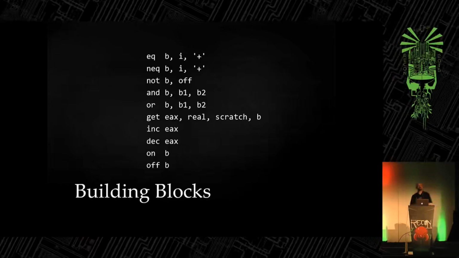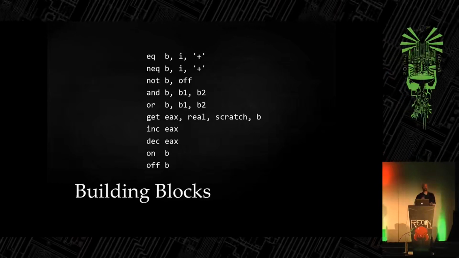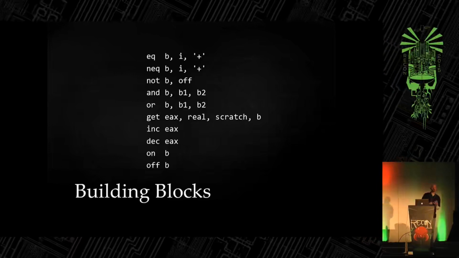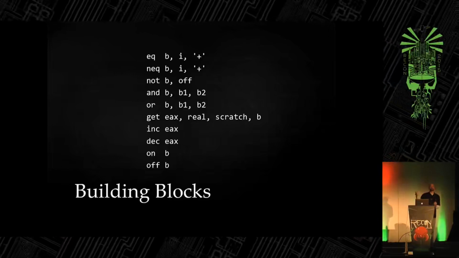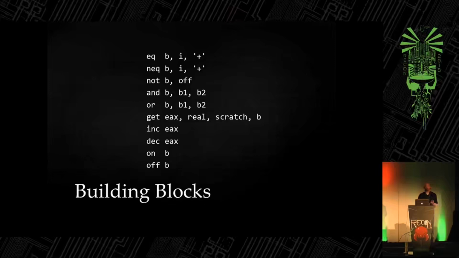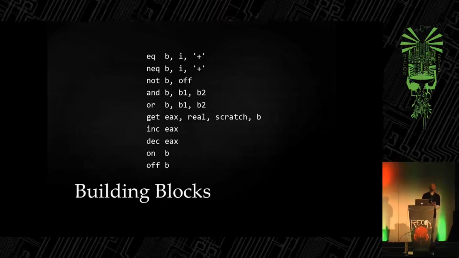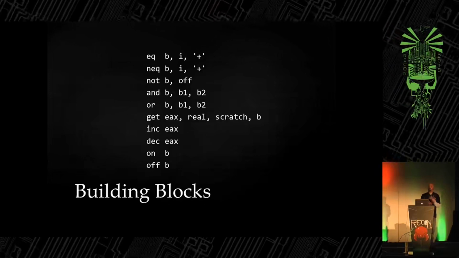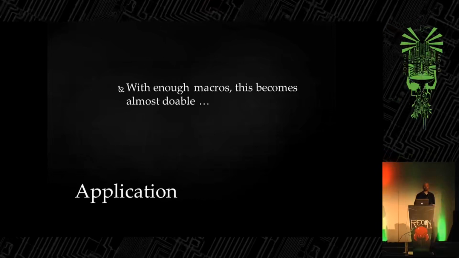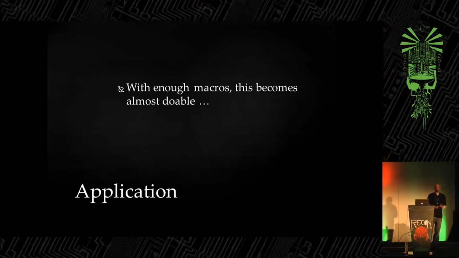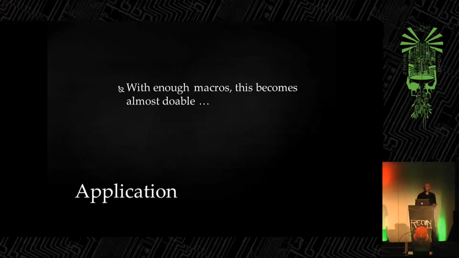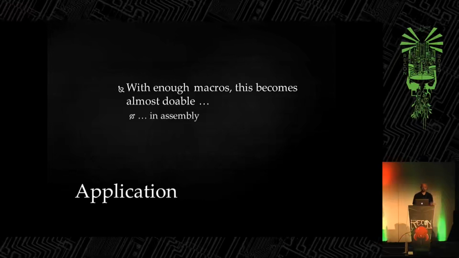So we've actually got some high-level logic going on here. We've got macros for equality, inequality, not, and, or. We have ways to get real and fake data, ways to increment, decrement, and turn execution on and off. We've built all the macros we need for some high-level logic at this point. And if you build up enough of these macros, programming this way actually becomes almost doable in assembly.